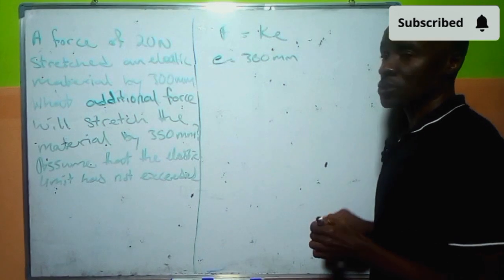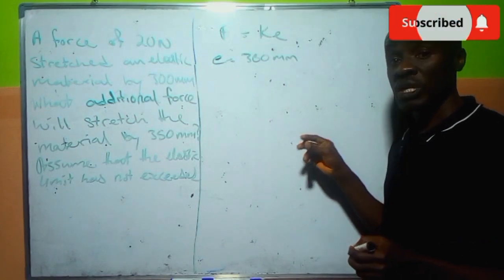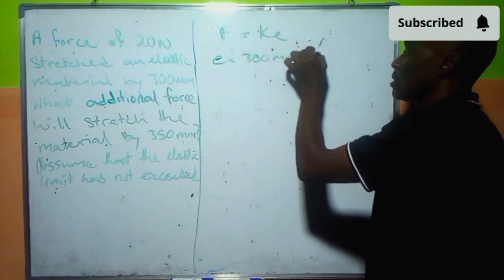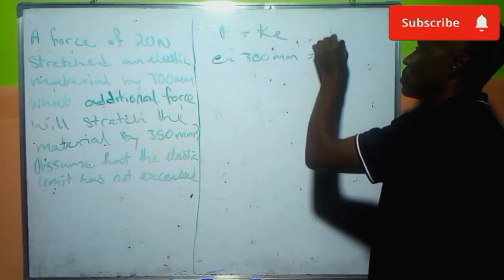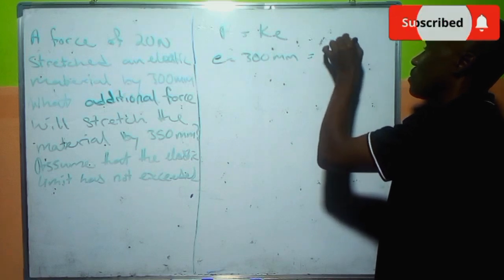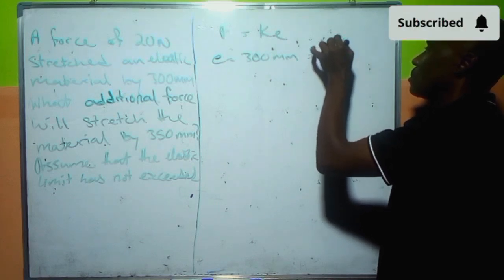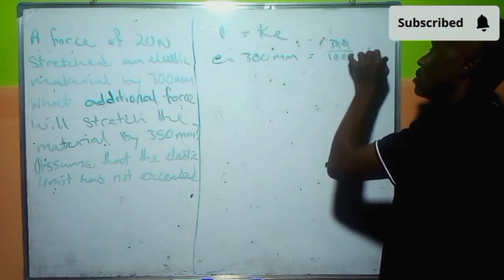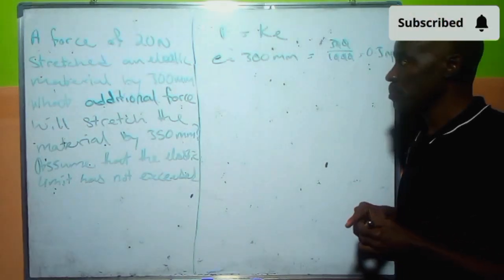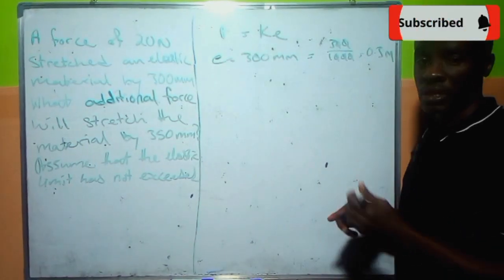And to get this, we need to convert it to meters. To convert it to meters, 300 divided by 1000 will give us 0.3 meter. So E now is 0.3 meter.